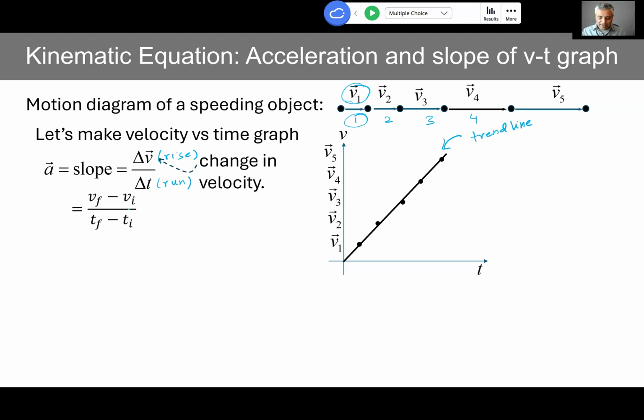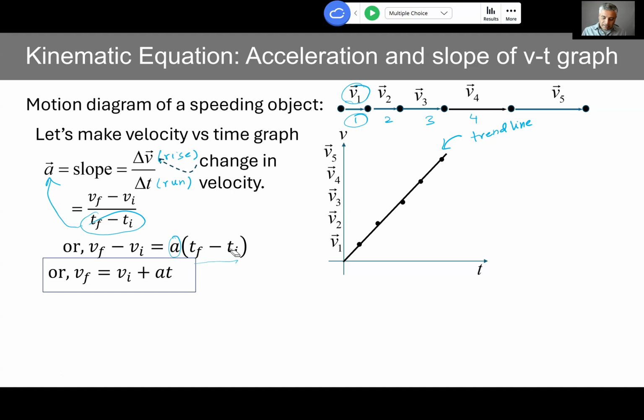We can write change in velocity as final minus initial. We can do the same thing with the time. And we can rearrange this equation, moving this one to the side of acceleration, so it is acceleration times this. And now this becomes something like this if I assume initial time is 0. We can always decide to count time from the moment we start the observation.